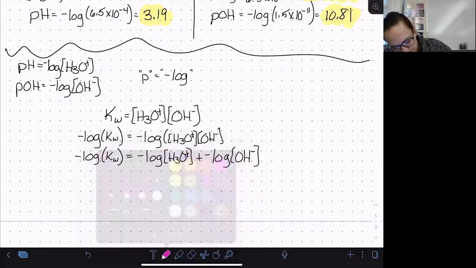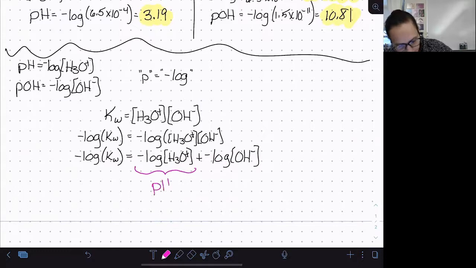So right here, the negative log of hydronium is our pH. The negative log of hydroxide is our pOH.